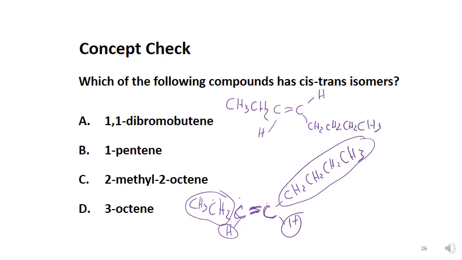Here, the H's are cis. Here, the H's are trans. Here, because there's no free rotation around this carbon-carbon double bond, the H's are closest to each other. Here, the H's are across from each other. So 3-octene is the only one out of these 4 that has cis-trans isomerization.